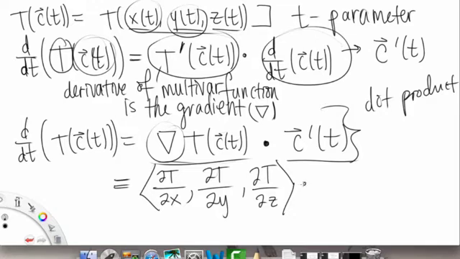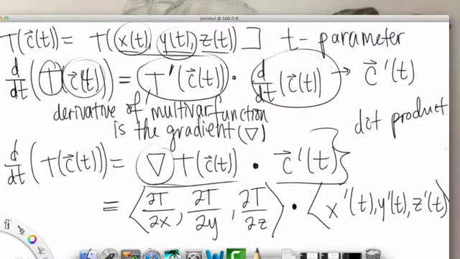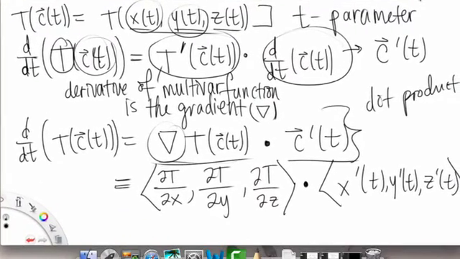That's our first vector, and then we're going to dot it with our c prime of t, which is basically just x prime of t, y prime of t, and z prime of t. So that's our second vector there.